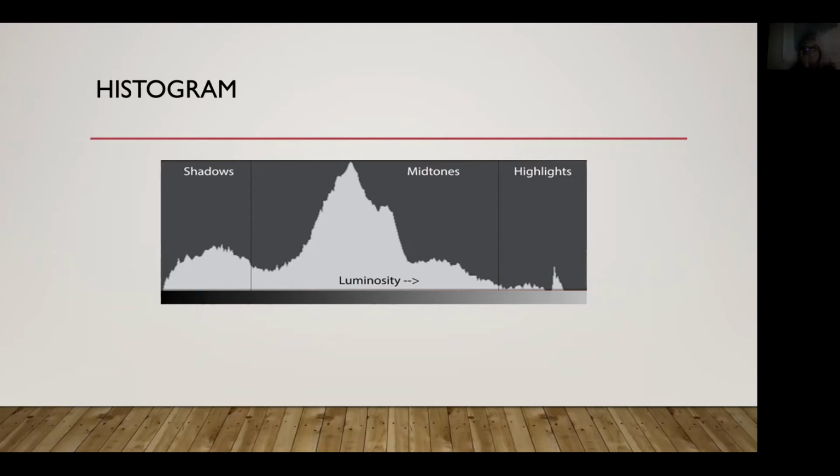So if I wanted to adjust my image to get more highlights, I would have to move my metering over to the right to try to move this over into the highlight area. Now, I may lose something over here in the shadows by doing that. But it depends on what you want to preserve. Do you want to preserve these shadows or do you want to preserve these highlights?